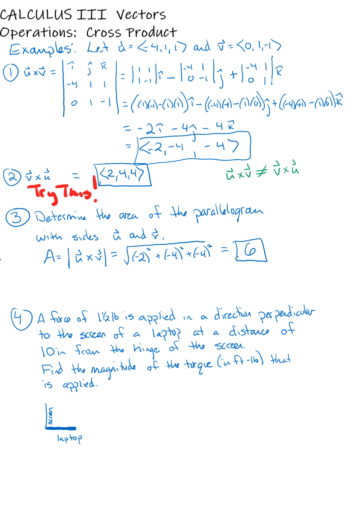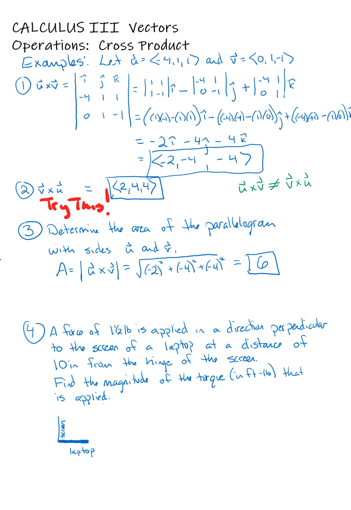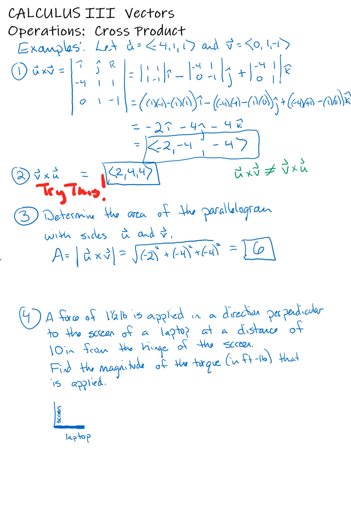All right, so we do need to remember how we find the torque. Recall that torque is, the formula we wrote down was R cross F, and more importantly, the magnitude of that torque is the magnitude of R times the magnitude of F times the sine of the angle between them.